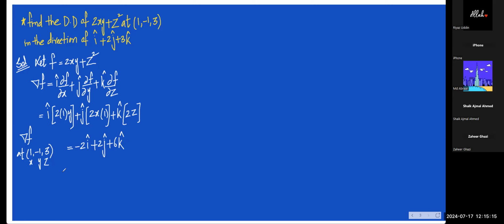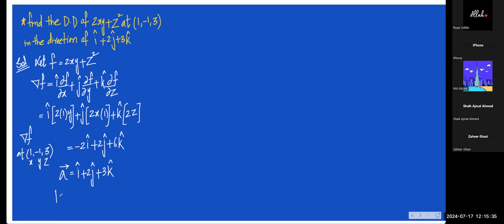Now let us assume that a direction vector is there in our question. Sometimes this direction vector will confuse you. It will not give the directional vector directly, it will give it in a confusing way. That possibility also we have to discuss today.